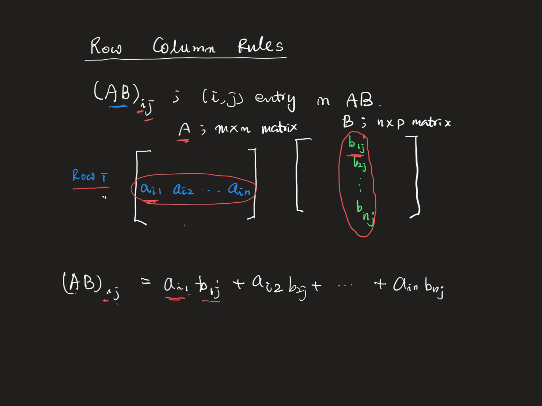Pay attention, this number should be the same. Then Ai2 times B2j, all the way to AiN times BNj. That's how to find an entry of the AB matrix, guys. You use this rule to find the multiplication of two matrices.